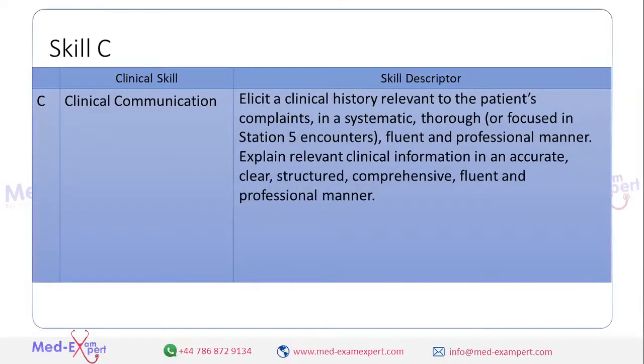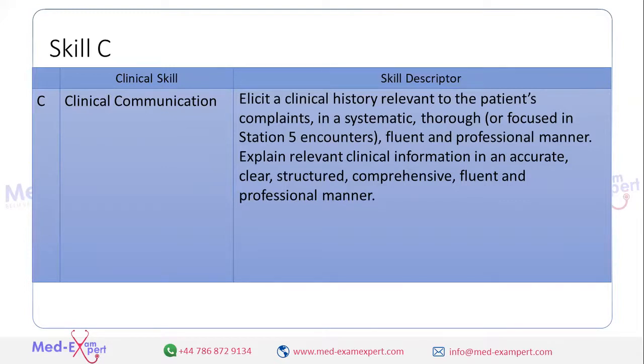Clinical communication. This is encountered in station 2, 4, and station 5. This is very important. So you should know how to communicate with the patients. Especially the international medical graduates, where clinical communication skills are not a routine part or not given that much importance in their undergraduate clinical curriculum, these students might find it difficult.